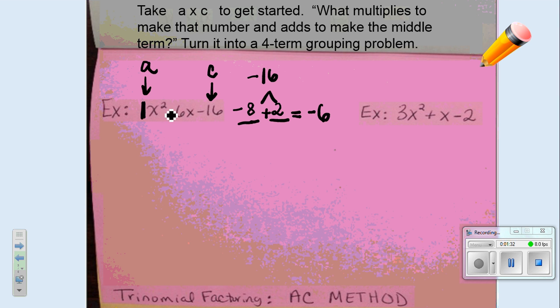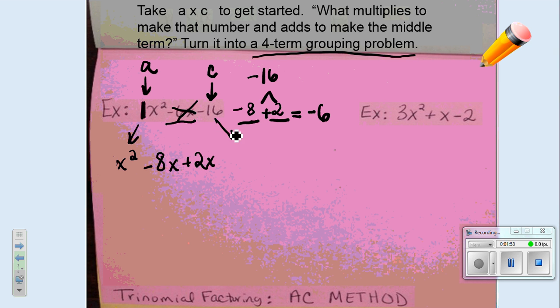And so what you do is you rewrite this as a 4-term grouping problem. And then we do it just like we did yesterday. Piece of cake. So bring down the first term, x squared. Take this middle term and replace it with your 2 new terms. You got a negative 8 and you got a positive 2, but we're going to put x's on there so that when we do add them up, they do become a negative 6x.